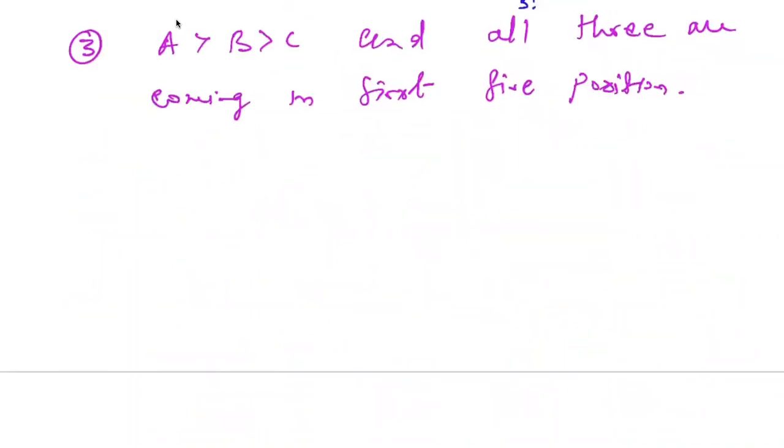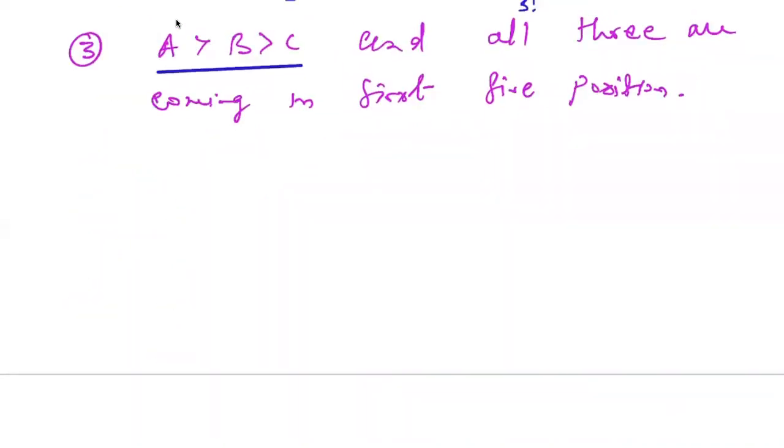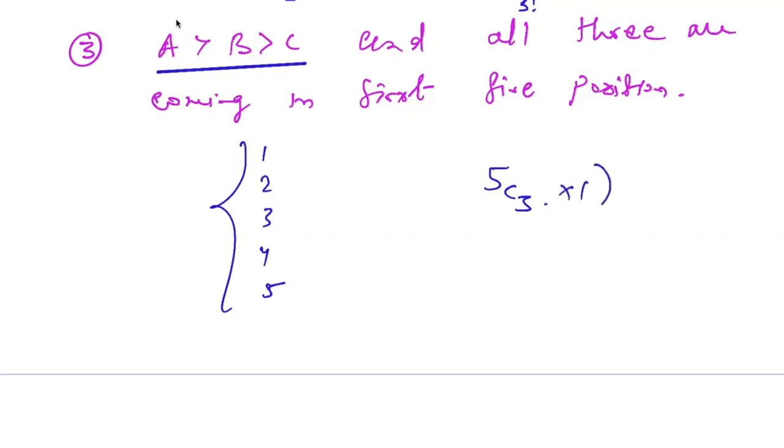And the most important one: these A, B, C are 3 numbers in the first 5 positions, 1, 2, 3, 4, 5. So I'm selecting 3 positions in the first 5 by 5C3 ways, and they will be arranged in only one way.